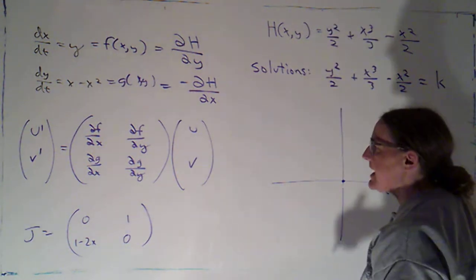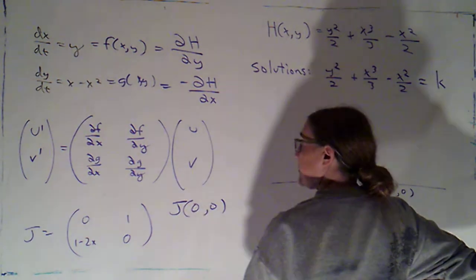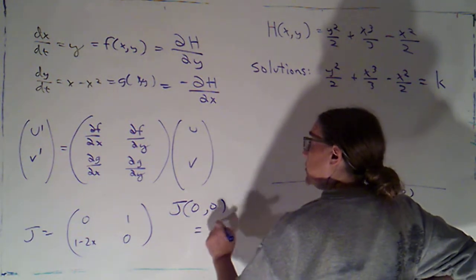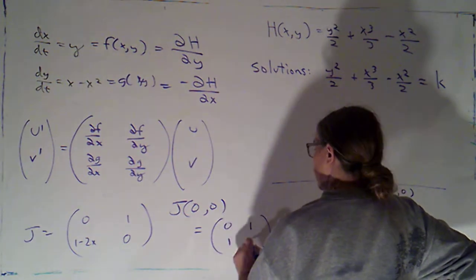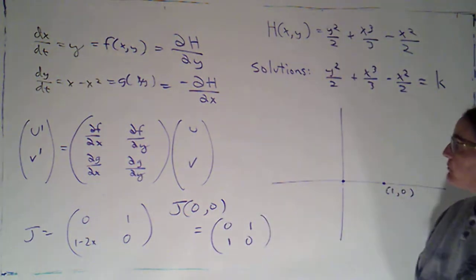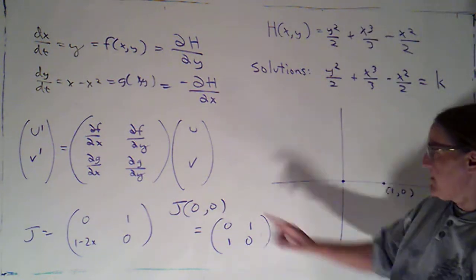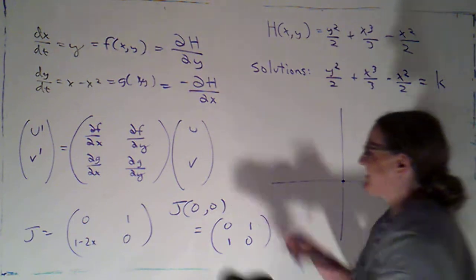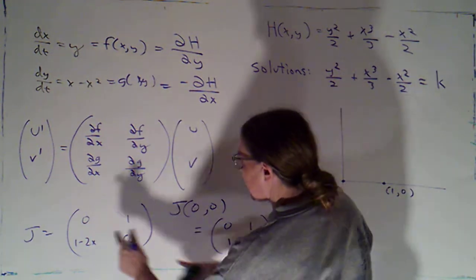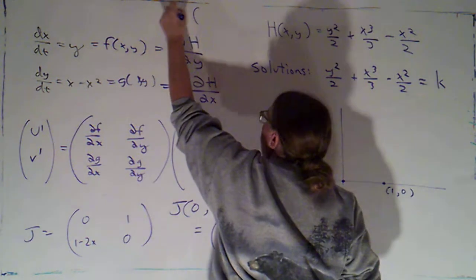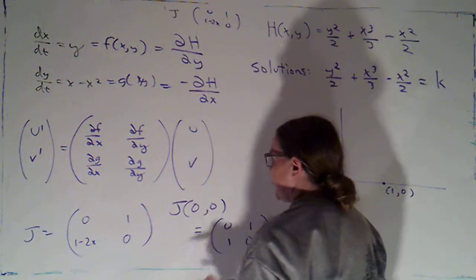So if I take a look at this, the Jacobian matrix at 0, 0 would be 0, 1, 1, 0. Okay, so I need some more space, so I'm going to remember that that's my matrix and just erase. So J is 0, 1, 1 minus 2x, 0. Okay.